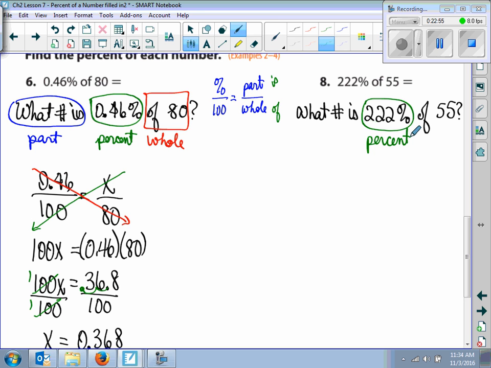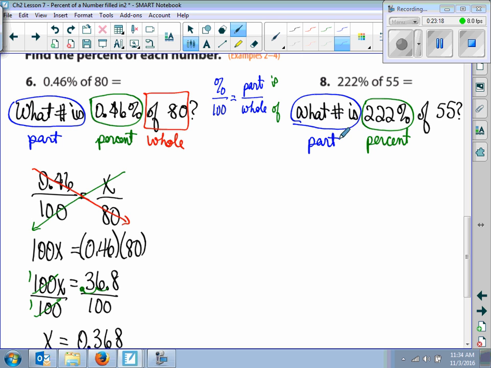Okay? What is our part? The what number, right? And that's going to be our variable. That's going to be the variable because it's the is number, right? You see where it says is over here? That's our part.